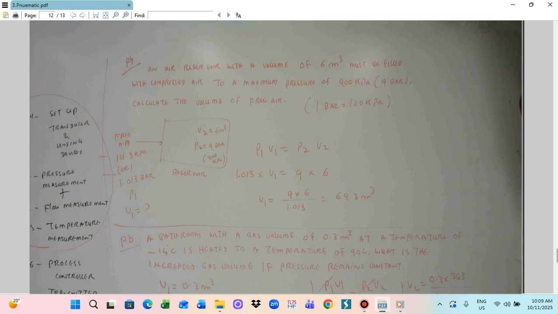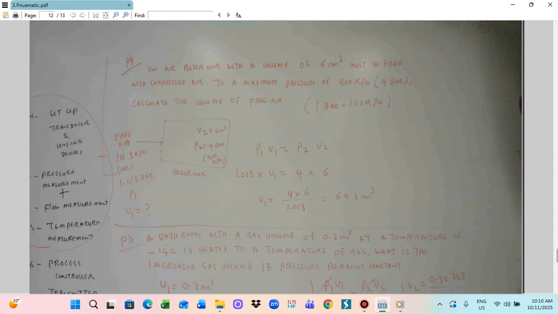So we have to calculate the volume of air required. In this case, we don't be concerned about the temperature, so we only use Boyle's law. Boyle's law means that P1 V1 is equal to P2 V2. The outside free air pressure is 1.013 bar. We don't know V1.